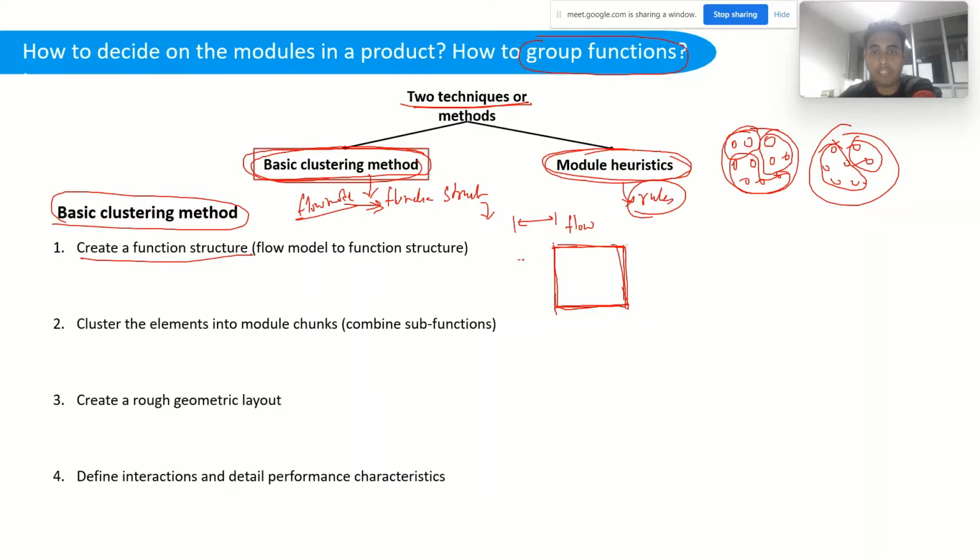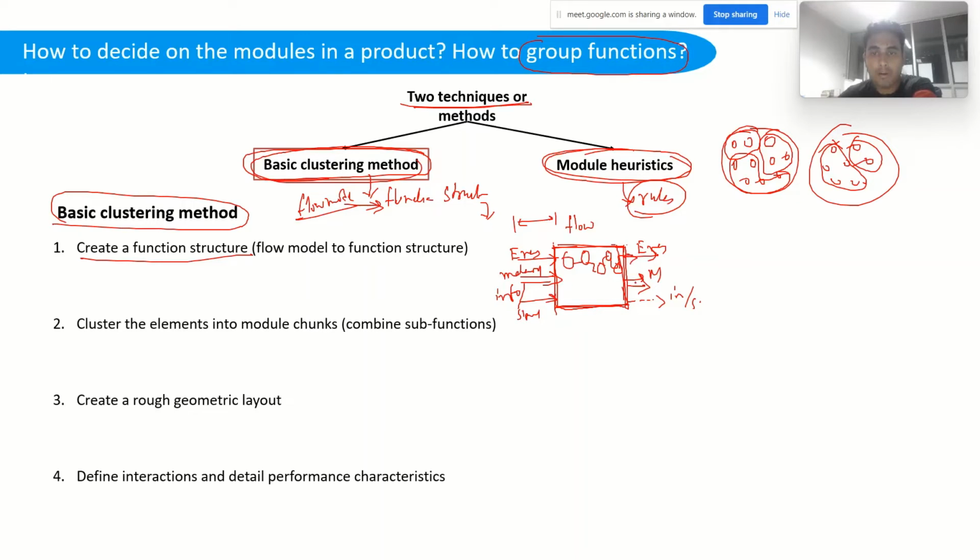The flow model basically has certain input flows: flow of energy, flow of material, and flow of information or signal. Again the outputs are energy, material, and signal. In between we try to establish the various functionalities, how this particular input energy gets transformed into the output energy.